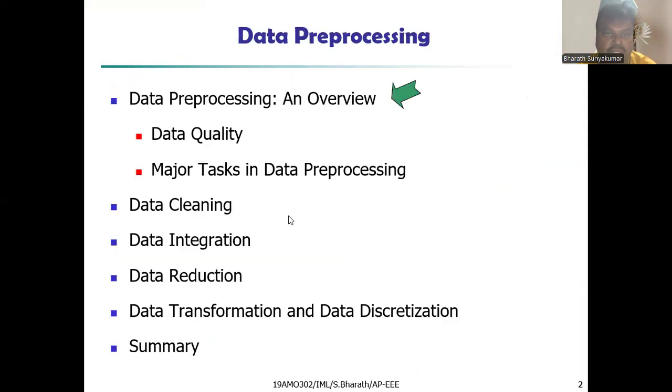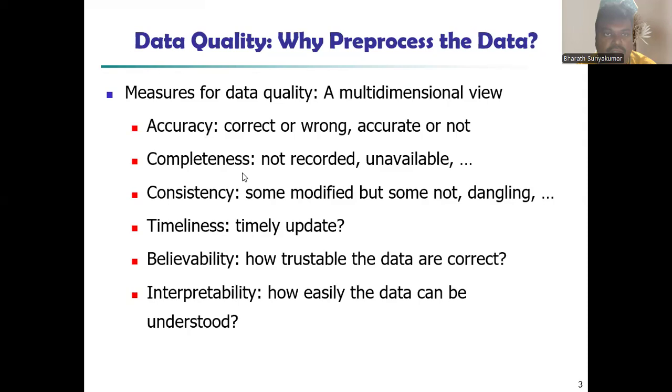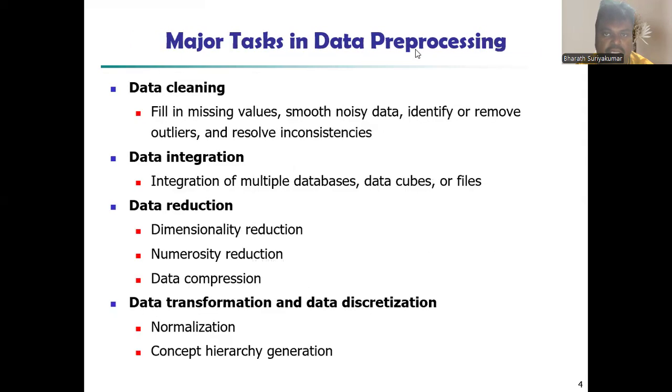Data pre-processing: an overview. Data quality is a multidimensional view: accuracy, completeness, consistency, timeliness, believability, and interpretability. The major tasks in pre-processing are data cleaning: filling in missing values, smoothing noisy data, identifying and removing outliers, and resolving inconsistencies.